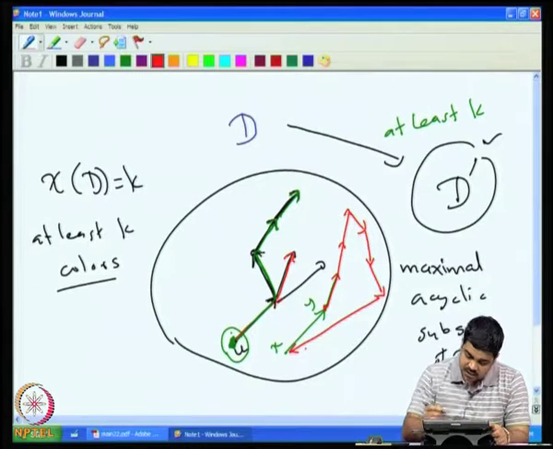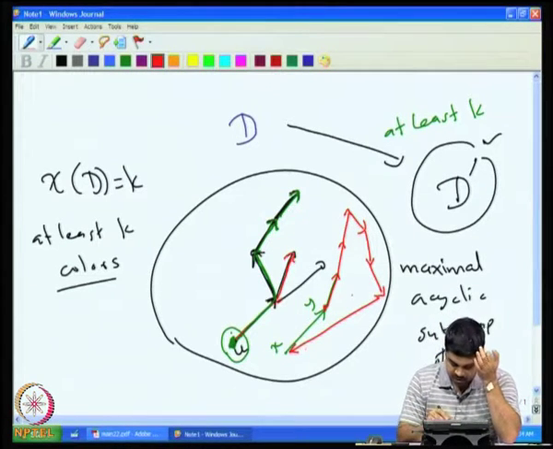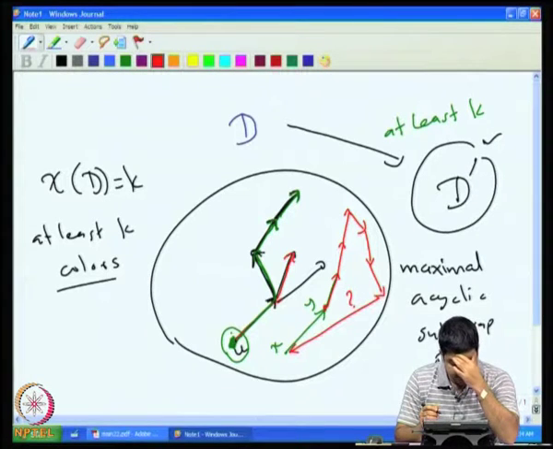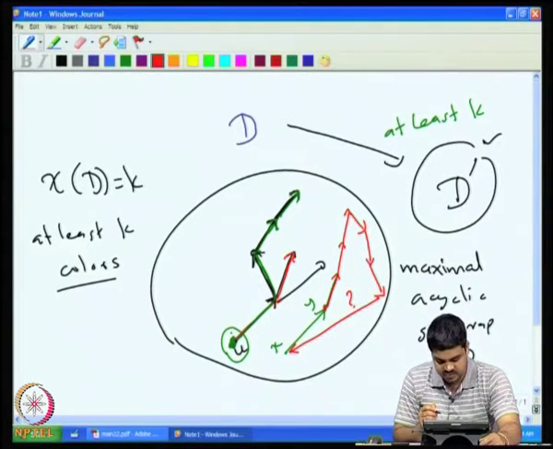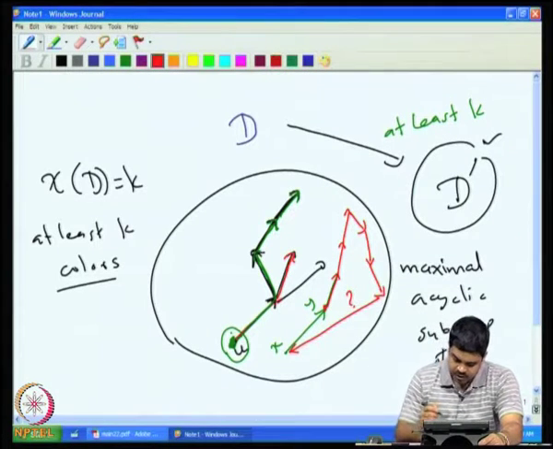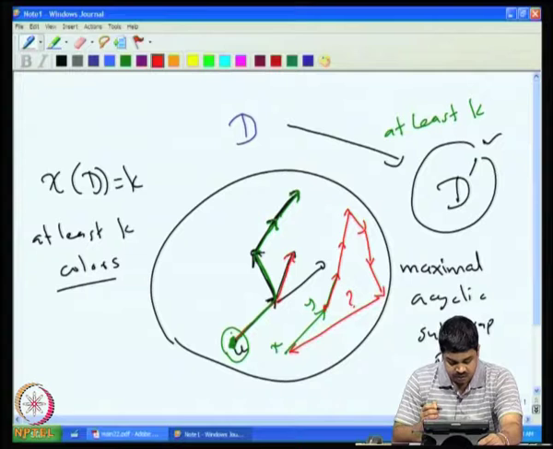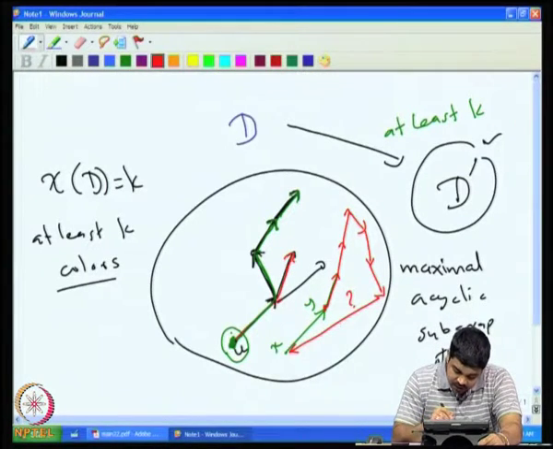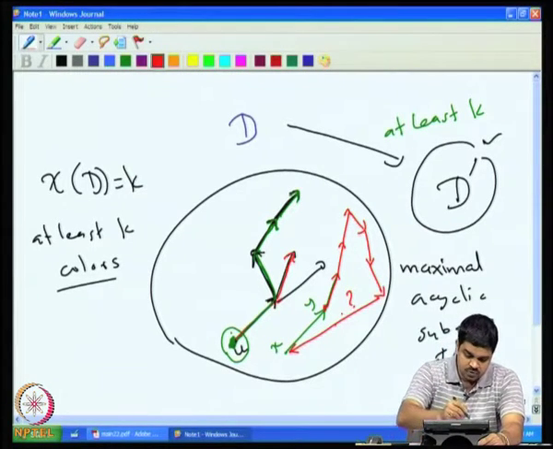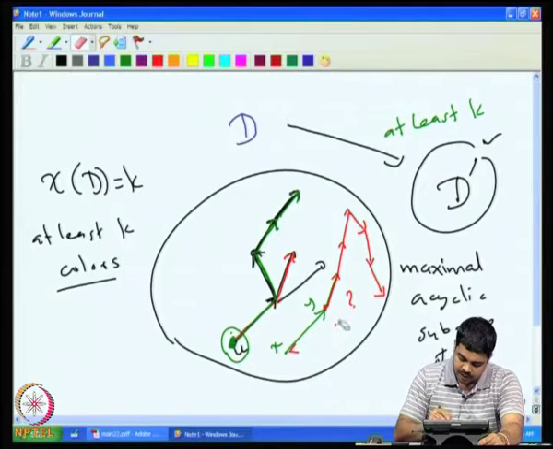If it can, then since x y is an edge, it will form a directed cycle. We know that in D' there is no directed cycle. So this path cannot hit x, because x y is also an edge of D'. This will never happen. It will go somewhere else only.